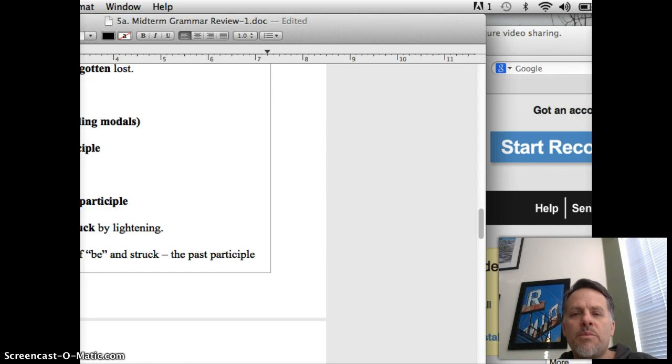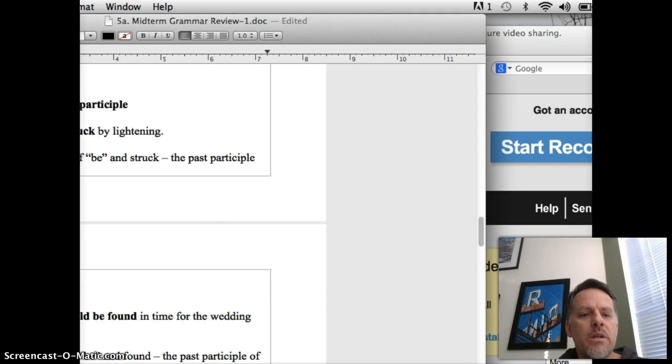Several times yesterday, people were trying to put in a be or been to stick that into an active sentence to make it passive. That is not possible. It's a several step process of changing an active to a passive. So keep that in mind. And if you're not clear, ask.